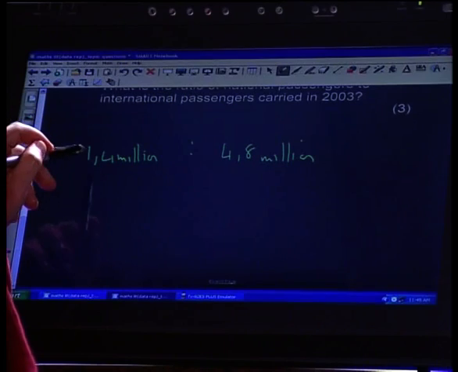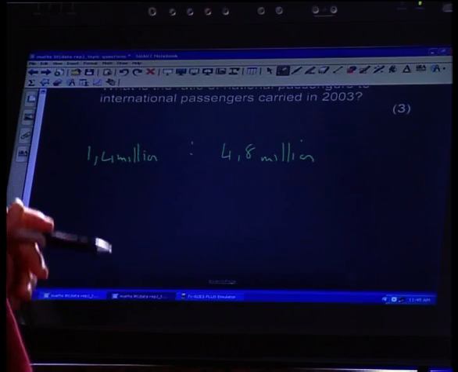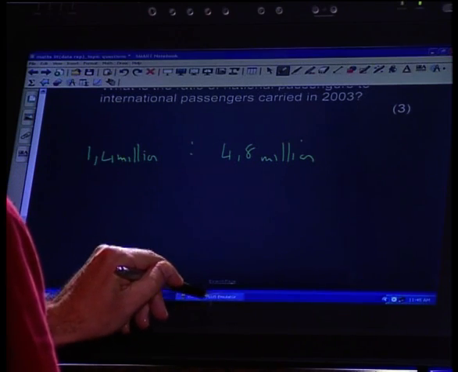And remember, we don't leave ratios with such large numbers. We try and simplify those numbers as far as possible. The quickest way to try and simplify is to see, will this number, the lower number, divide into the larger number? Let's try and see what we get on the calculator.